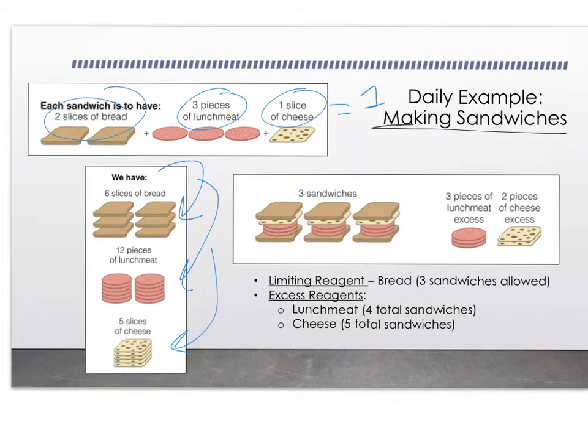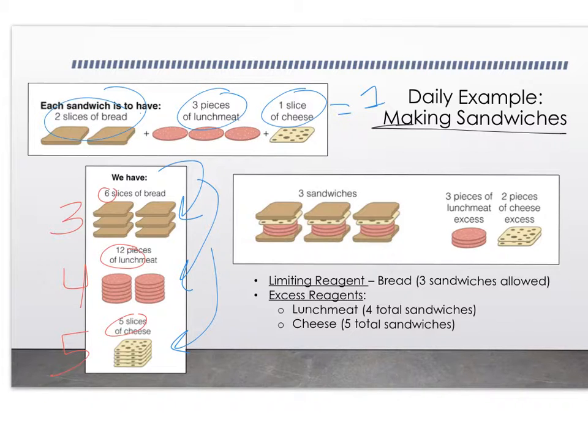Well, if we need only 2 slices of bread, then a maximum of 3 sandwiches can be made based on our bread. If we have 12 pieces of lunch meat, we could potentially make 4 sandwiches. And then if we have 5 slices of cheese, we could potentially make 5 sandwiches because only 1 is needed for us to make a complete sandwich.